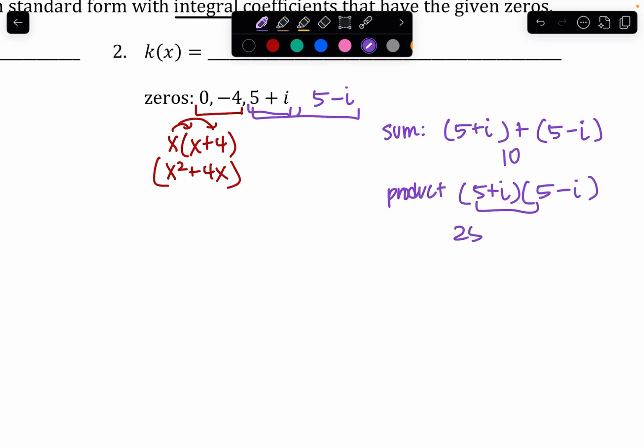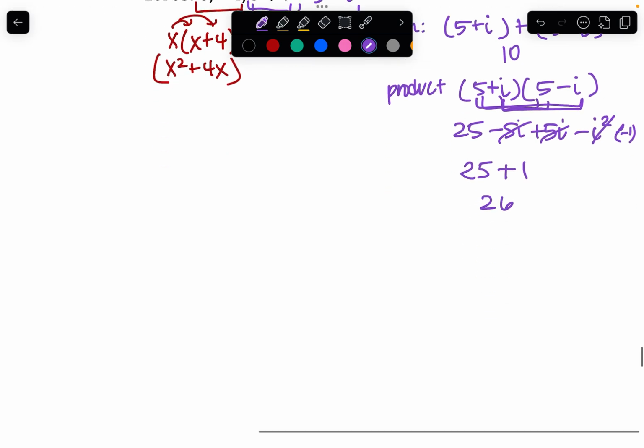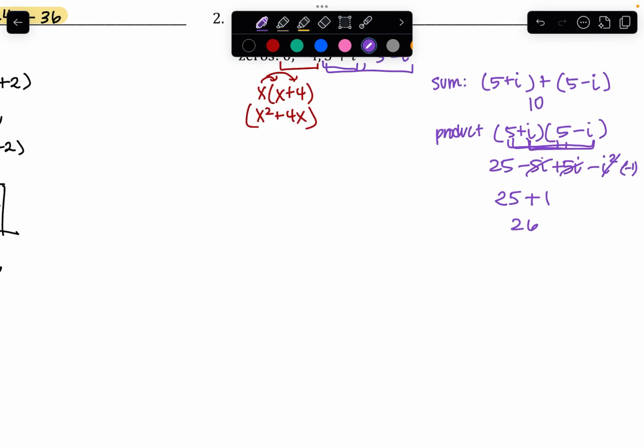So 25 minus 5i plus 5i minus i squared. The i's cancel. i squared is the same as -1, and so that would become plus 1, so 26. So my quadratic would be x squared minus 10x plus 26.